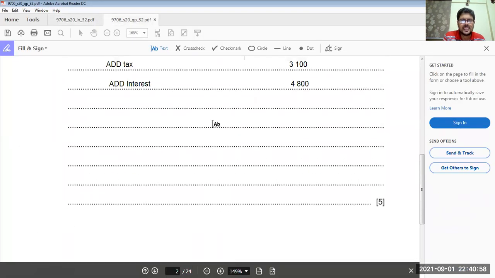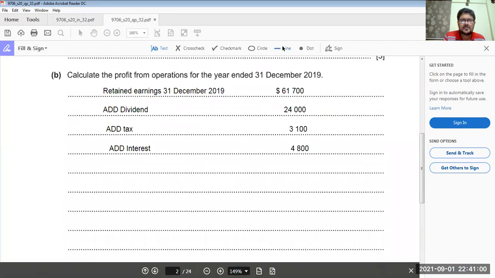So after adding all these items, what do we get as the total? We get the total over here. The total would be 93,600. What do we have to deduct over here? Retained earnings at start, 31st December 2018, at the start of 2019.